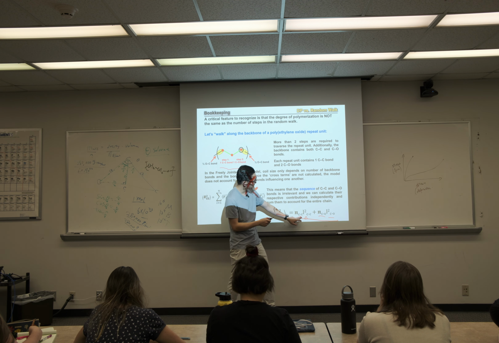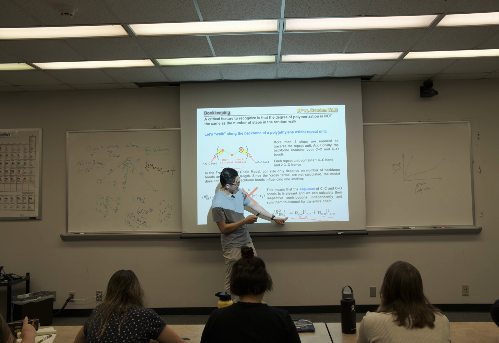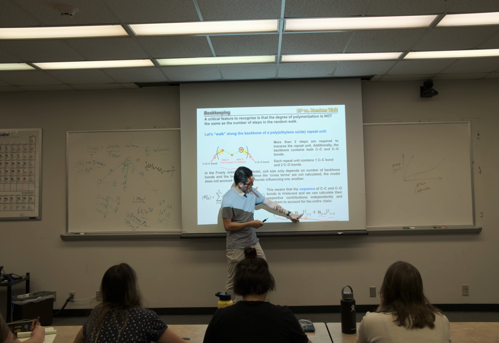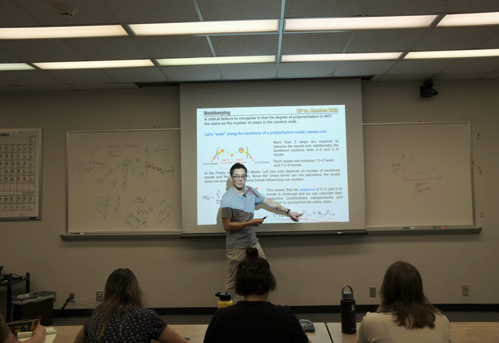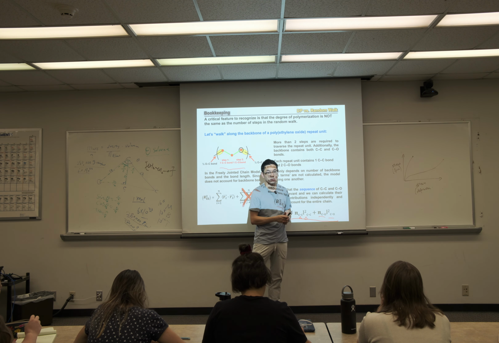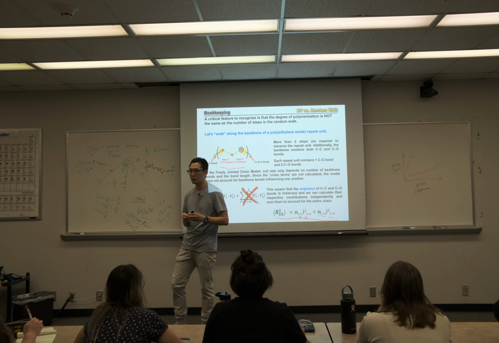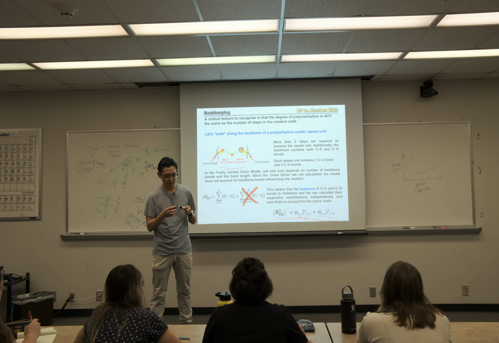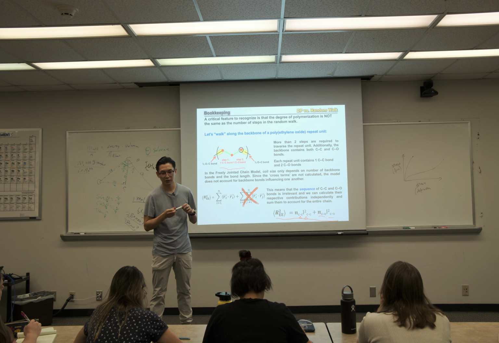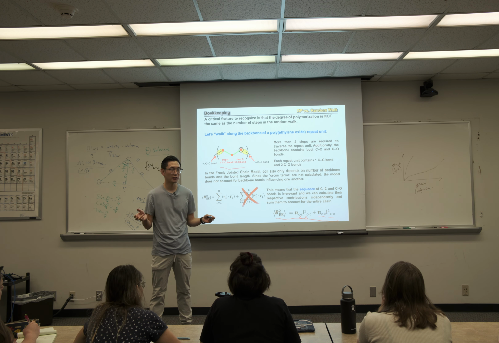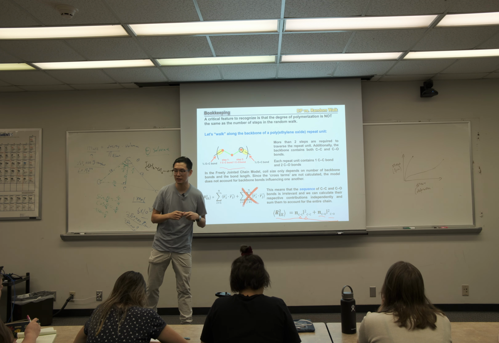In this example, the end-to-end distance squared will be the number of CC bonds times the length of the CC bond squared, plus the number of carbon-oxygen bonds times the length of the carbon-oxygen bond squared. So still in the freely jointed chain model, you can use that to calculate end-to-end distance squared. This teaches you how you can calculate all kinds of bonds along the backbone, not just the carbon-carbon one.